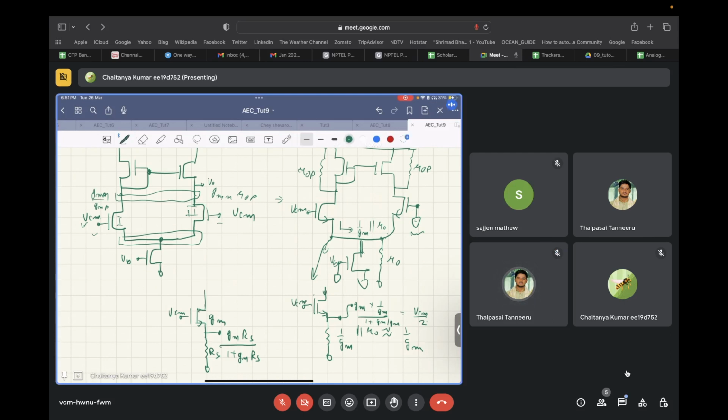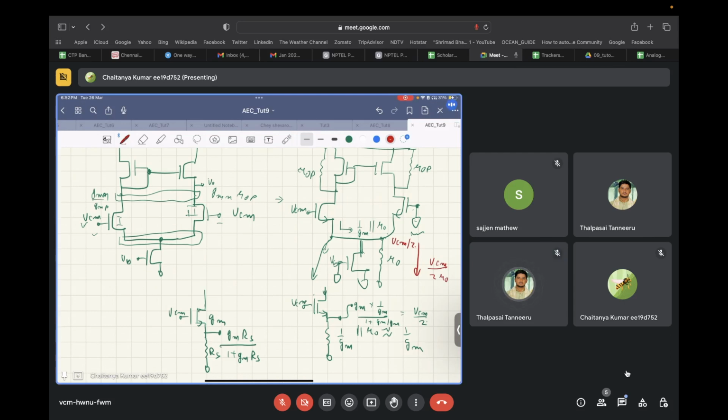this voltage is VCM by 2. What will be the current that will be flowing? I equals VCM by 2 by R naught. So VCM by 2 R naught.